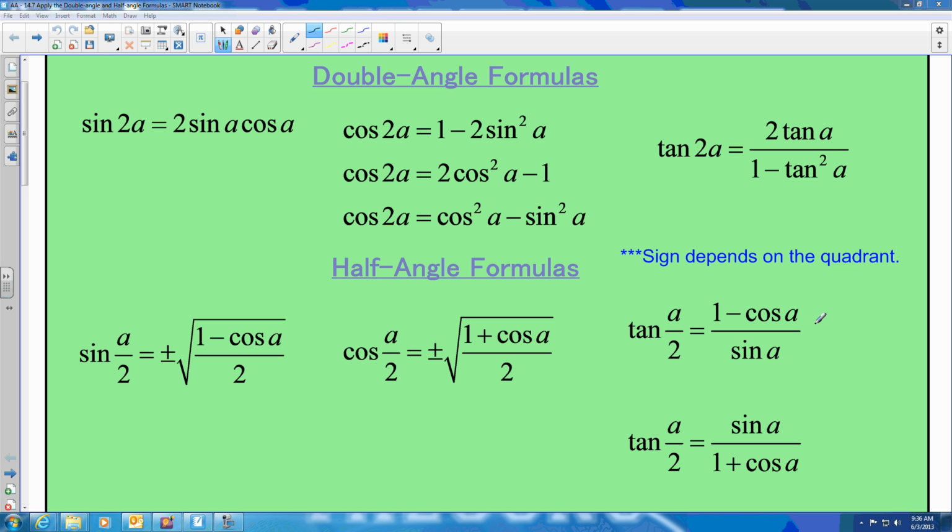So if we look at the sine, cosine, and tangent of 2A, we have formulas that we can implement to help us solve it. A is an angle that is either part of the special ratios, or leads us to a reference angle of one of those special ratio angles, and then we can solve it from there.